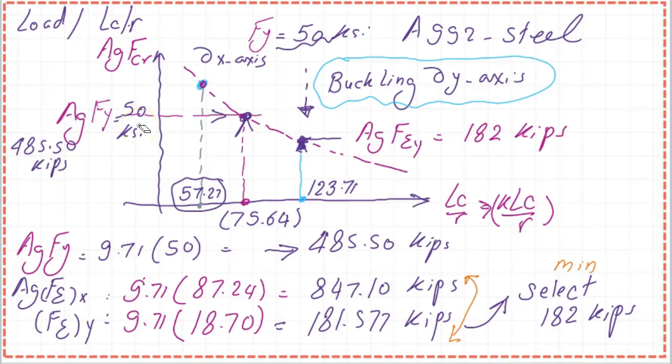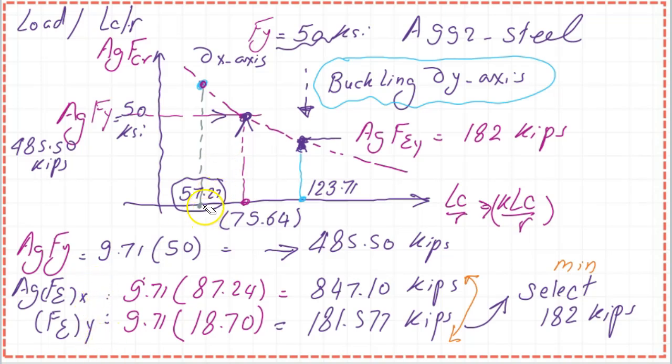So for the yielding at 50 KSI will give us a load equal to the gross area multiplied by F yield. The gross area is 9.71 from table 1.1 part 1, while the yield stress is 50, multiplying both will give us 485.5 kips.